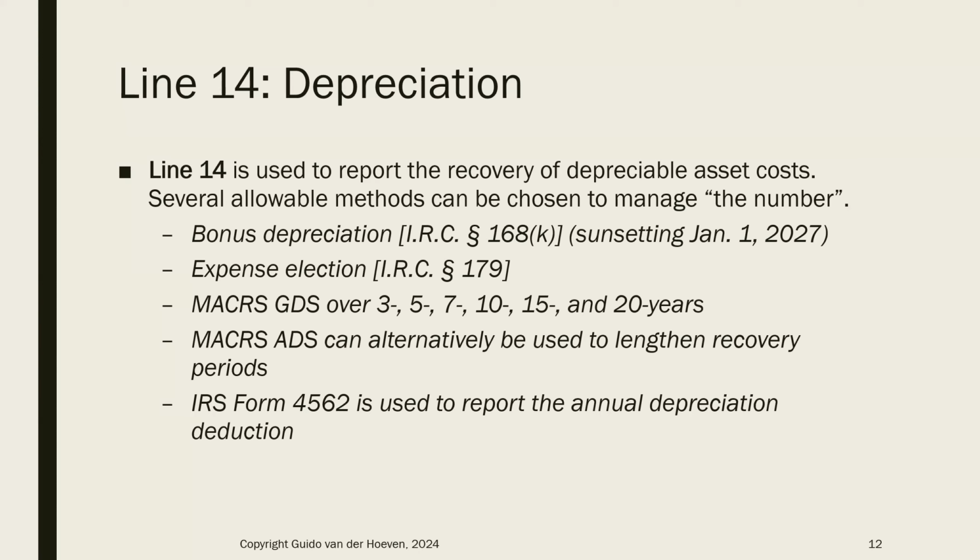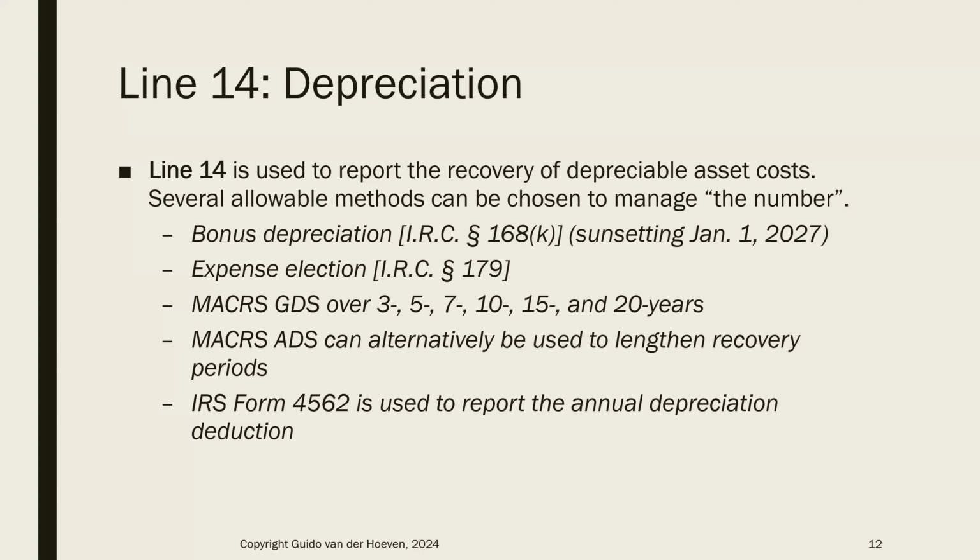Generally, we have what's called MACRS, which is Modified Accelerated Cost Recovery System. That's the depreciation system that we use today. And for agricultural assets, you have 3, 5, 7, 10, 15, and 20-year recovery periods. So an example for a 3-year asset would be swine, so either a boar or a gilt.